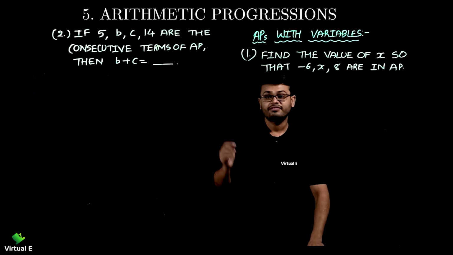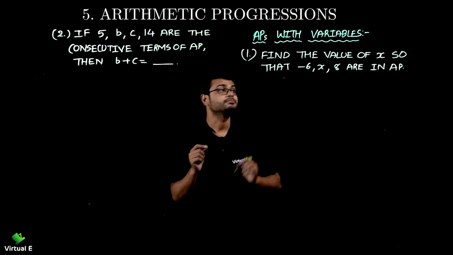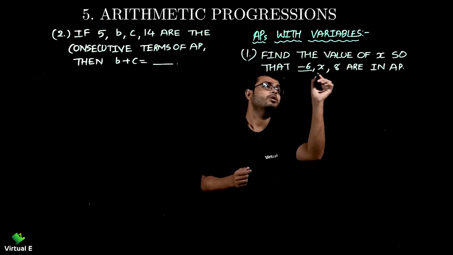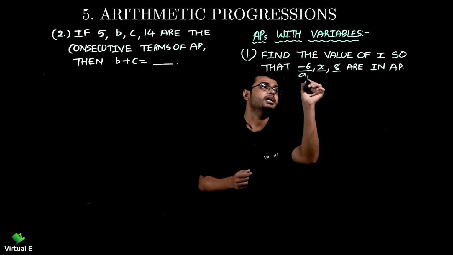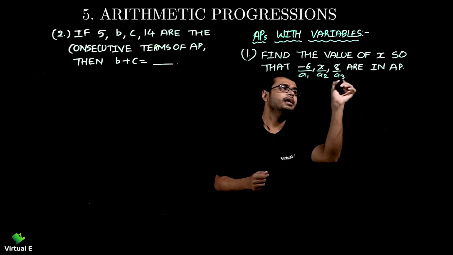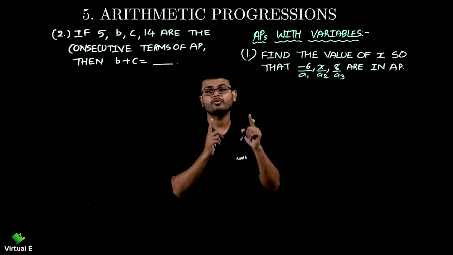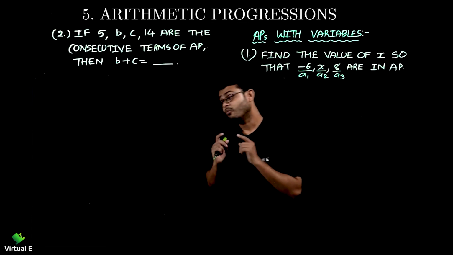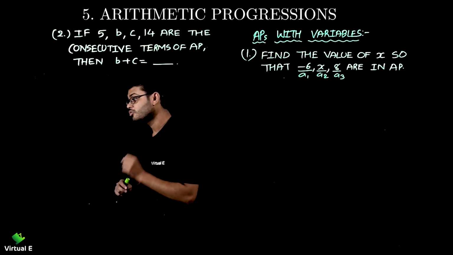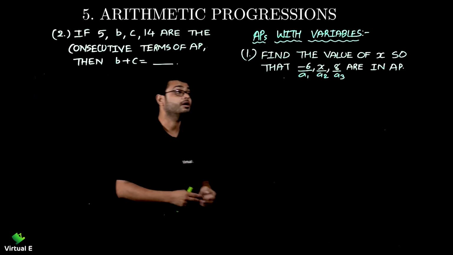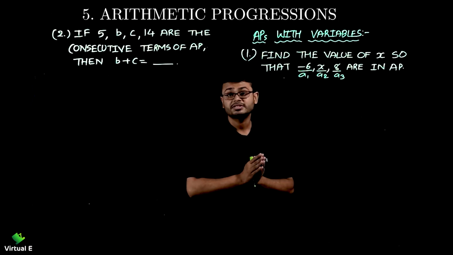So recall the first session of this chapter. We always give the names A1, A2 and A3. First of all, I am going to get the difference. Why am I going to get the difference? Most important concept here.